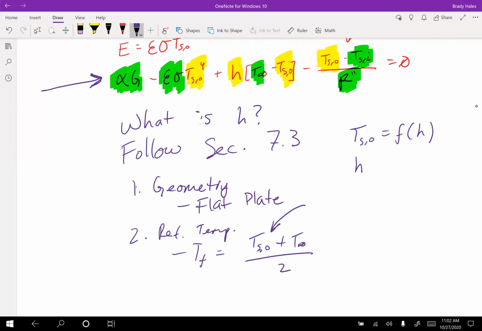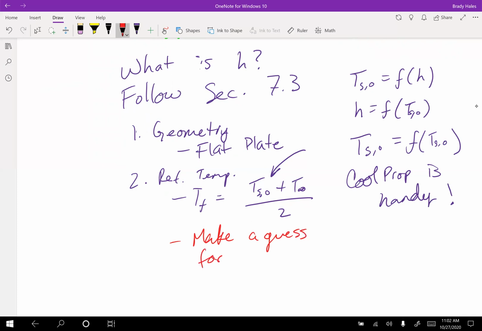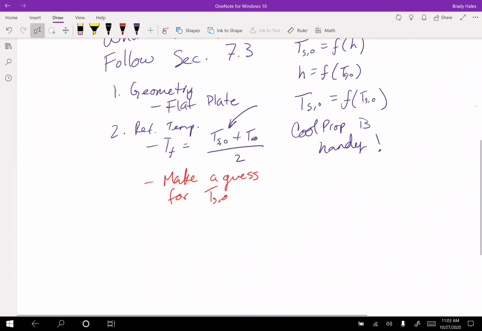And then H is some function of TSO. So effectively, the outside surface temperature is some function of itself. So this is where CoolProp is handy, okay? Because essentially we have to make a guess for TSO, and then iterate through the steps of this methodology, okay? So 3 is calculate Reynolds number.